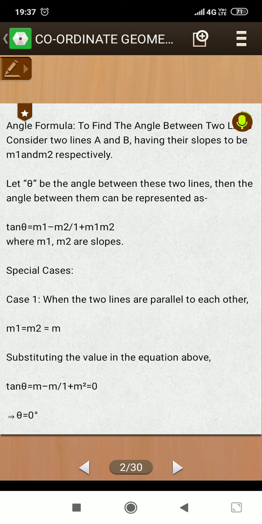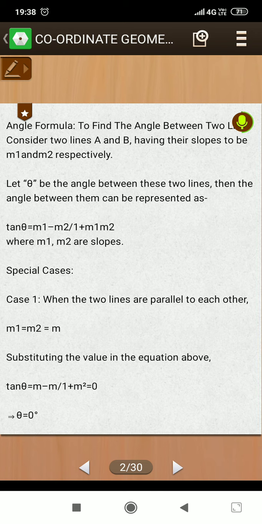Let theta be the angle between these two lines, then the angle between them can be represented as an important formula. Here m1 and m2 are slopes, and tan theta equals (m1 minus m2) by (1 plus m1 m2). That means tan theta equals the difference of their slopes, divided by 1 plus the product of their slopes.